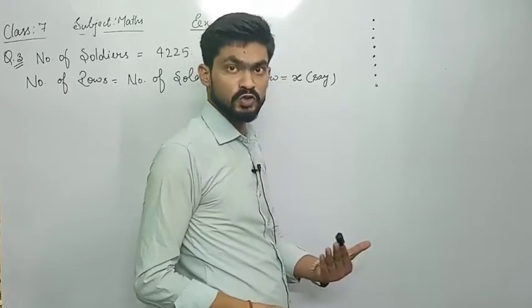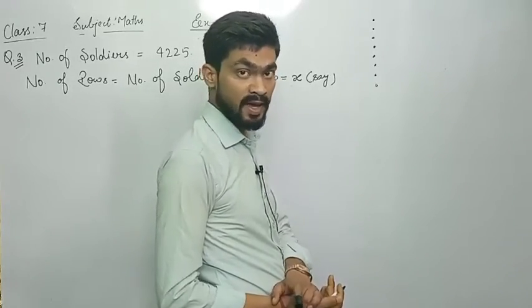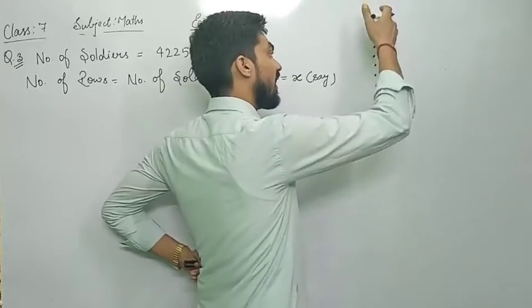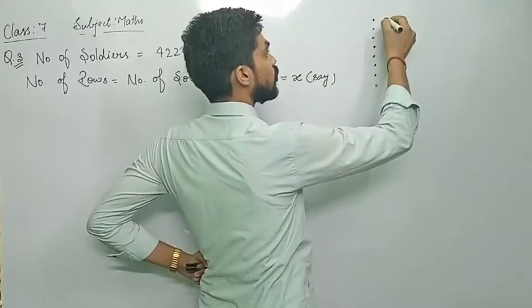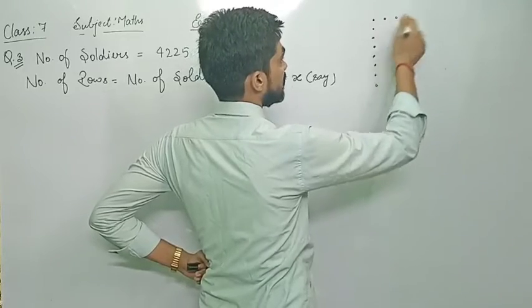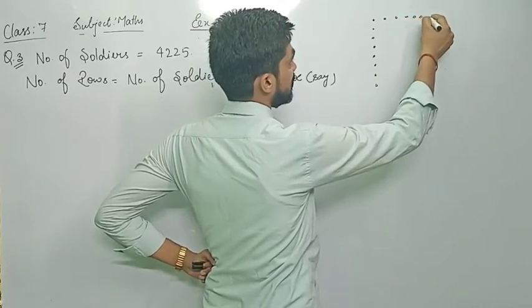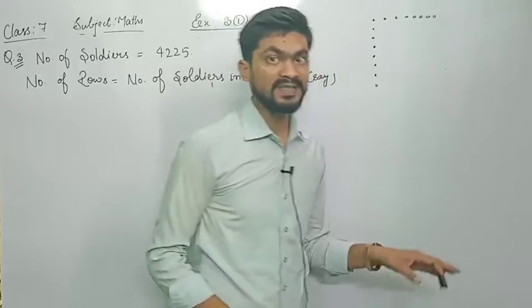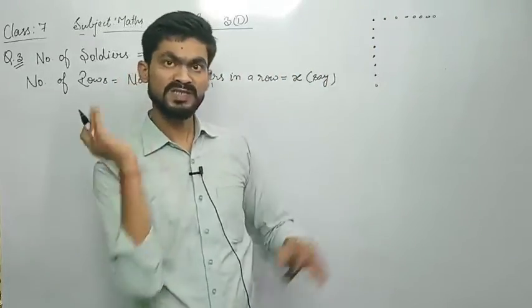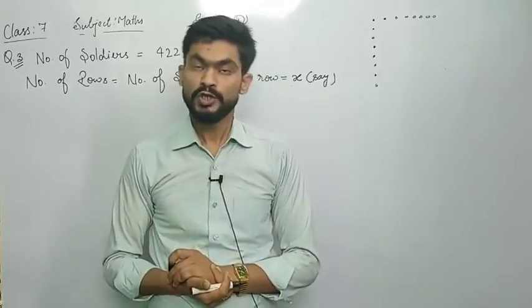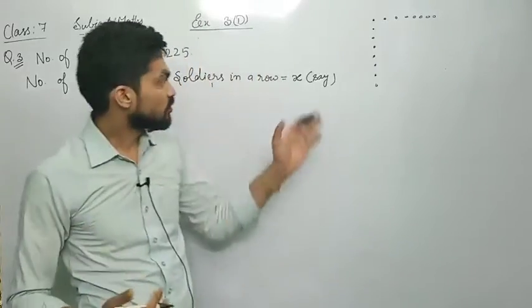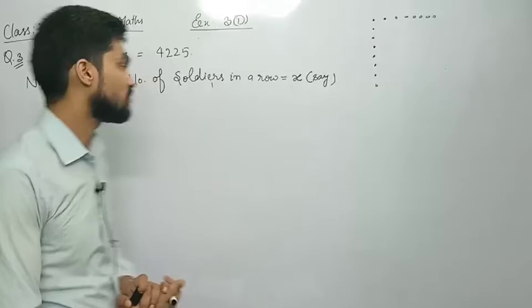The commander wants to make them arranged in a manner that if there are X soldiers in a row, there should be X rows also. Number of rows means lines, and number of soldiers in each row should be equal. So in terms of X, how many soldiers will be there?